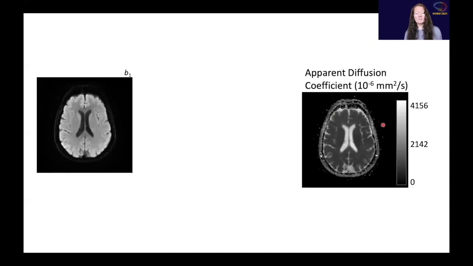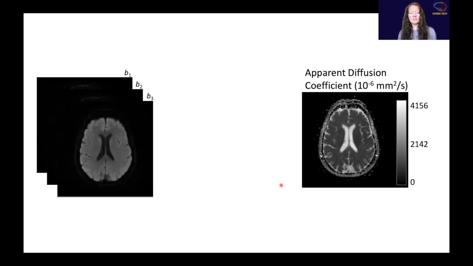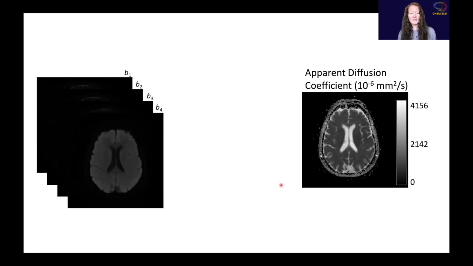So rather than having this qualitative image here, we want to get to a quantitative map. In this case, I'll show you an example for isotropic diffusion. So we can probe the water diffusion using the MRI system's gradients. And we acquire a stack of images at different gradient values or different b-value weightings.